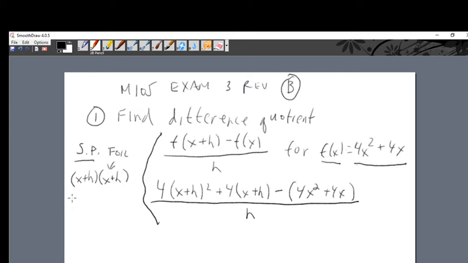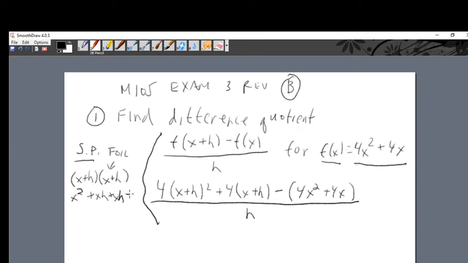x times x, x squared. x times h, xh. Now, here's the trick. What does this say? Inside times inside. h times x. Don't write hx. Write another copy of xh. hx and xh are one and the same, but put it in order. It'll be much less confusing. You'll realize that you can add those two together. And last times last, h times h is h squared.